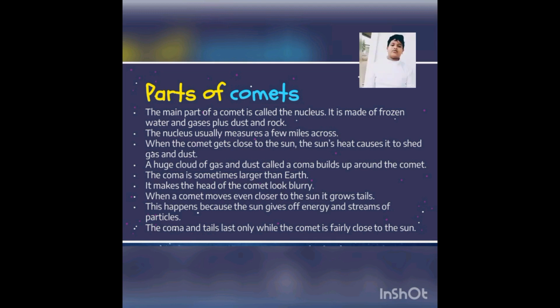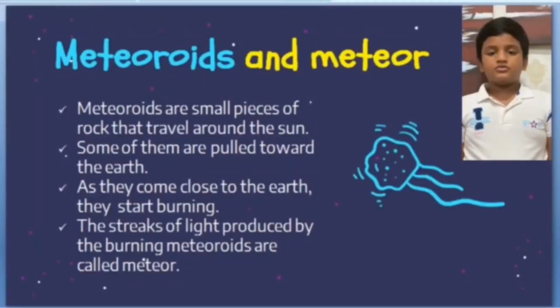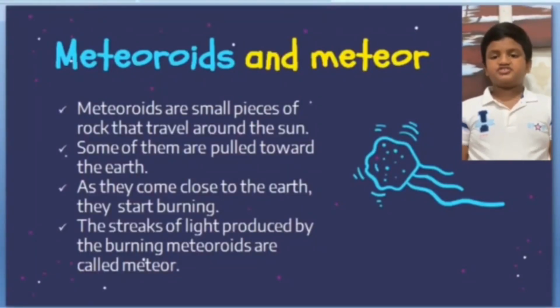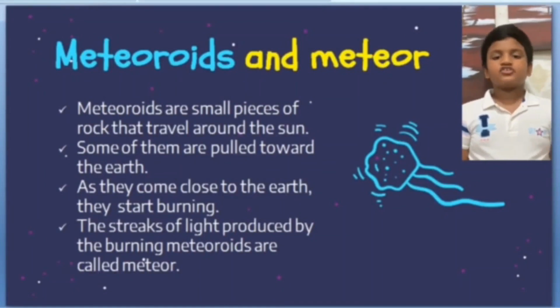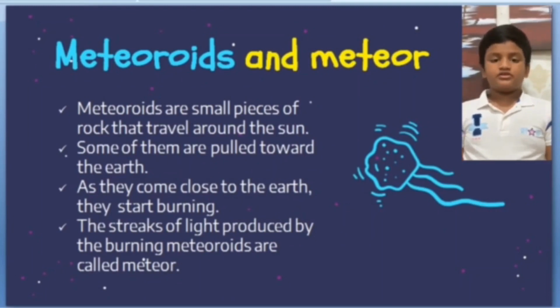When comets get close to the Sun, the coma is larger than the Earth. It makes the head of the comet look blurry.